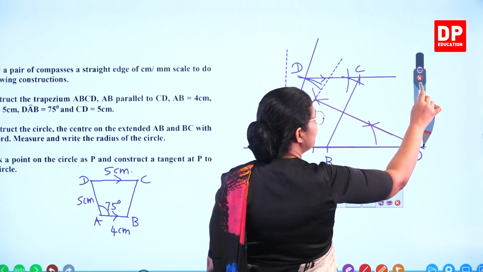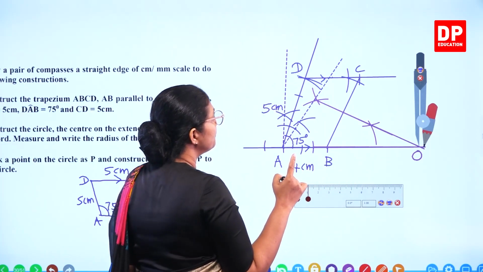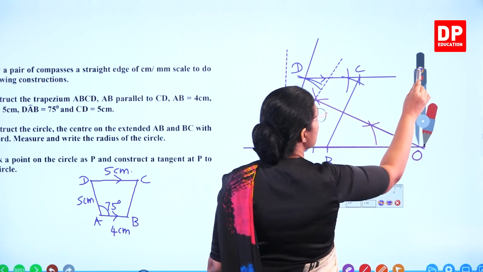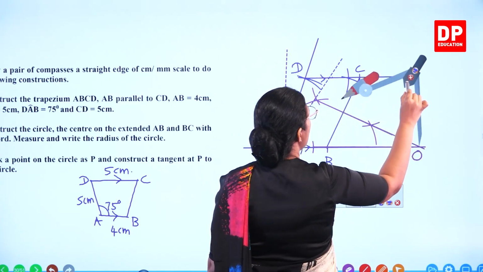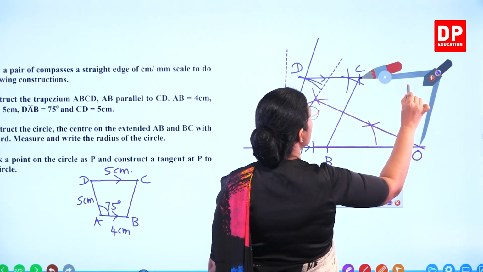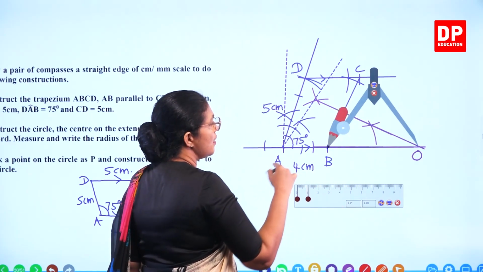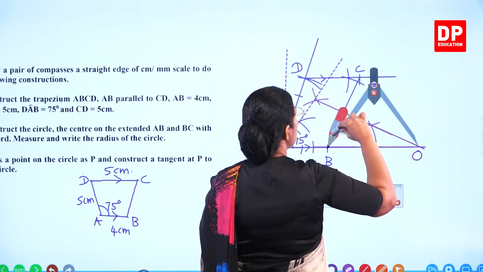Center is O and it should pass through C and B. So that means the radius should be either OC or OB. Both distances are the same. So now we'll draw the circle.